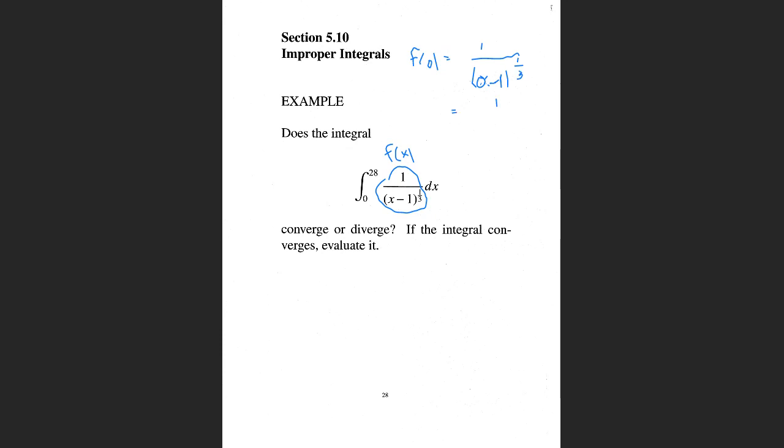And so that's 1 over negative 1 to the third power, which is, by the way, the same as 1 over the cube root of negative 1.